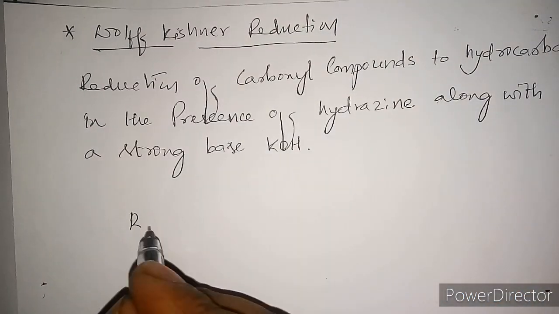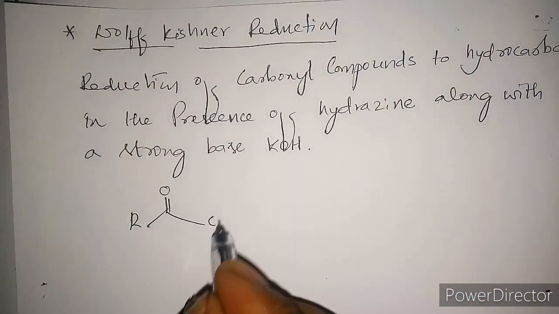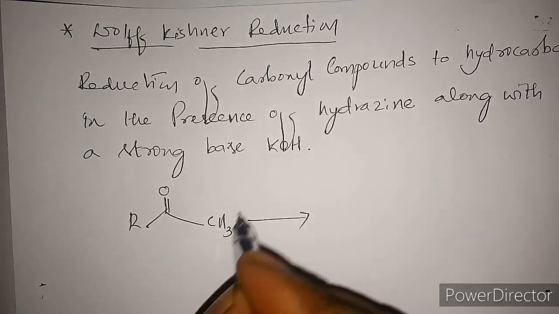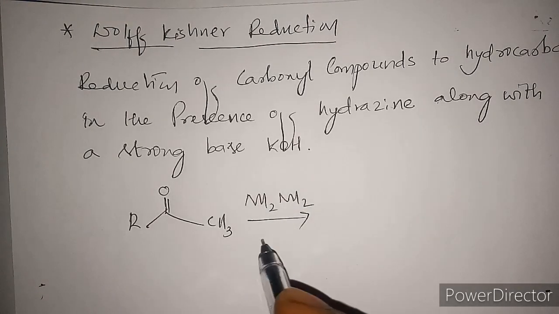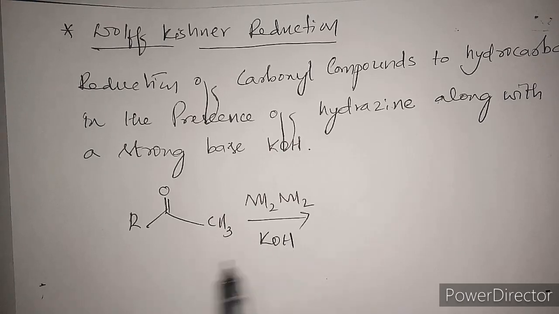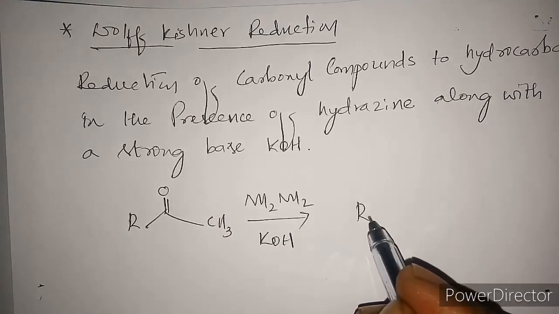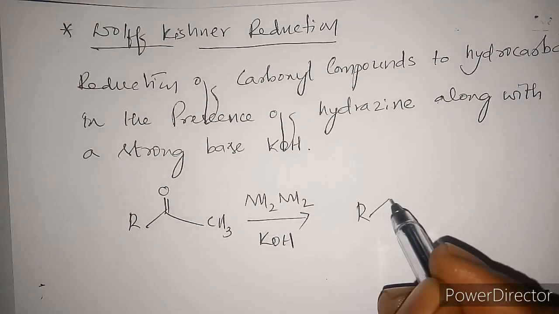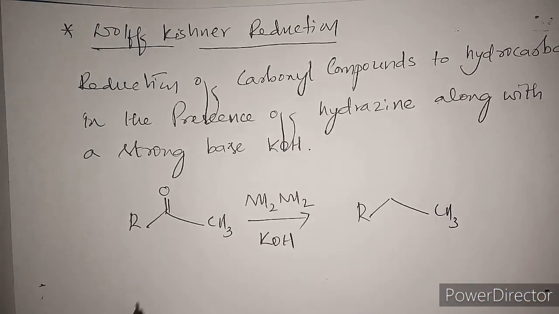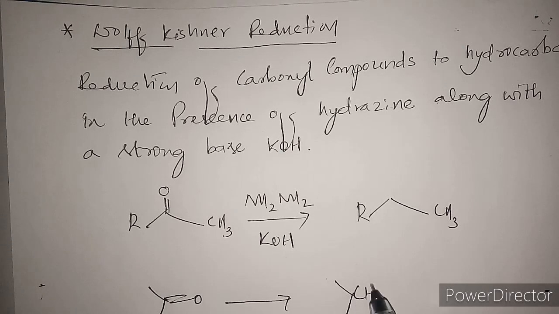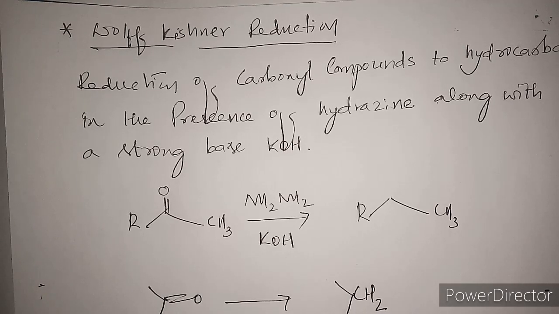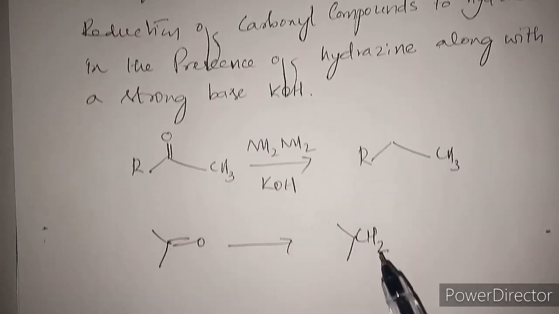So we have R, CH3. We have to use hydrazine, and in the presence of KOH I will get hydrocarbons, carbonyl compounds reduced to CH3, that is the CO group goes to CH2. So CO is reduced to CH2.